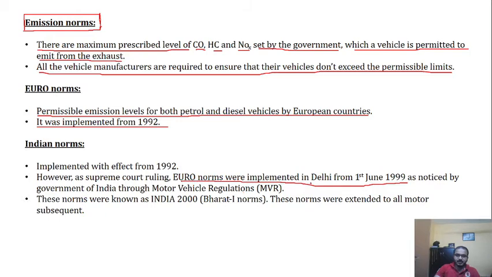So Euro norms were implemented from 1st June 1999, and these norms were known as India 2000, that is Bharat 1 norms, and these norms were extended to all motor vehicles subsequently.